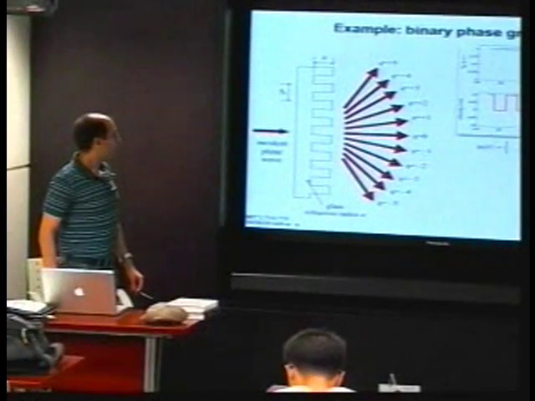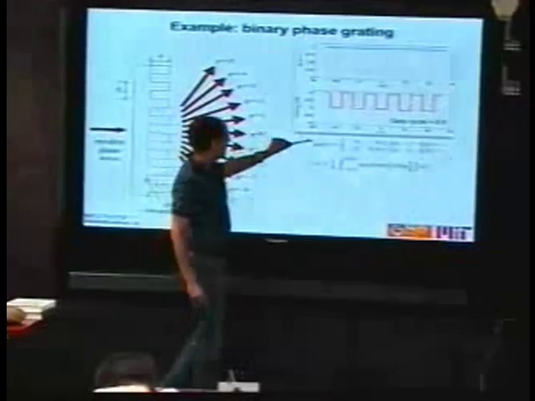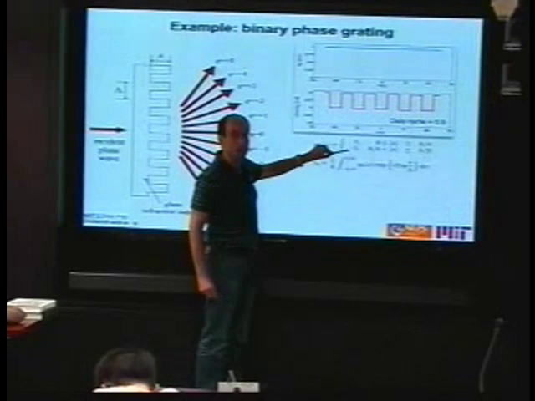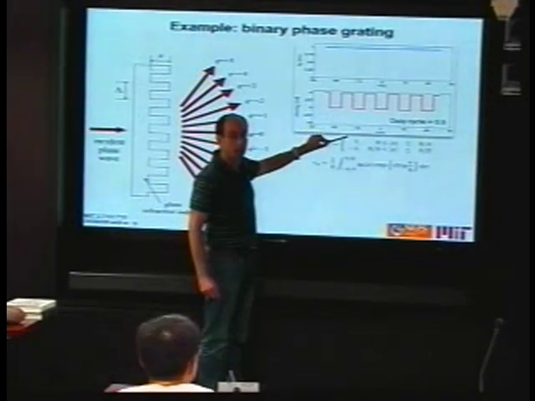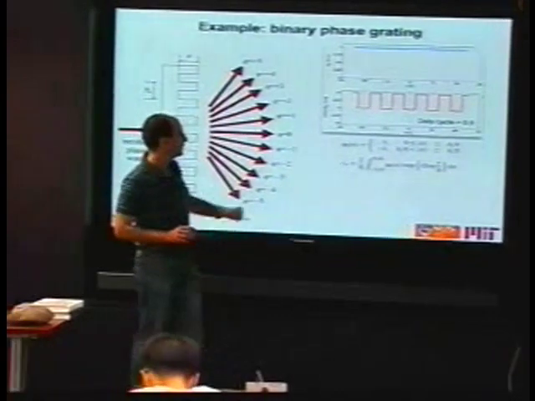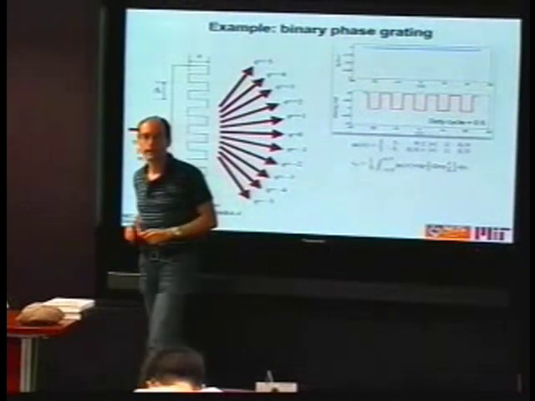So if you have a function like this, then phase delay pi means that the complex amplitude transmission is -1, and phase delay 0 means that it is +1. So this is another way to write this function. It is 1 at half the period and -1 the other half of the period.